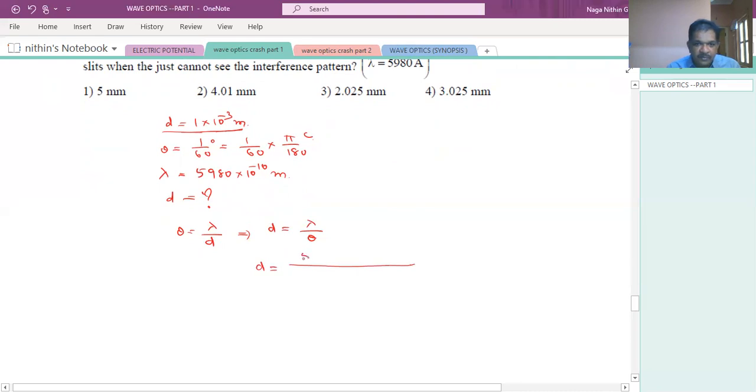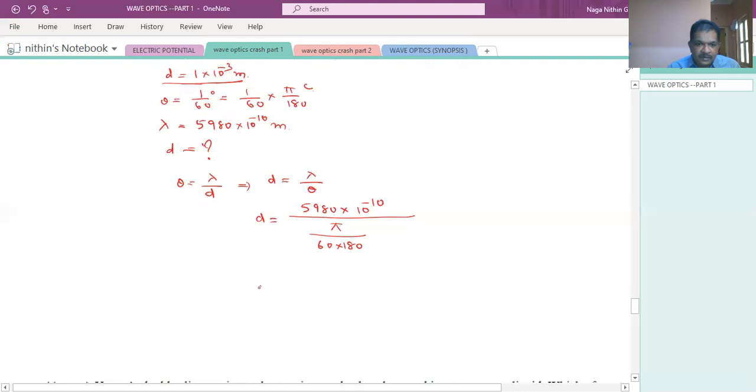Lambda value is 5980 into 10 power minus 10. This value, pi by 60 into 180. If we calculate this, finally this d value we will get 2.05 into 10 power minus 3 meter, that is 2.05 millimeter.